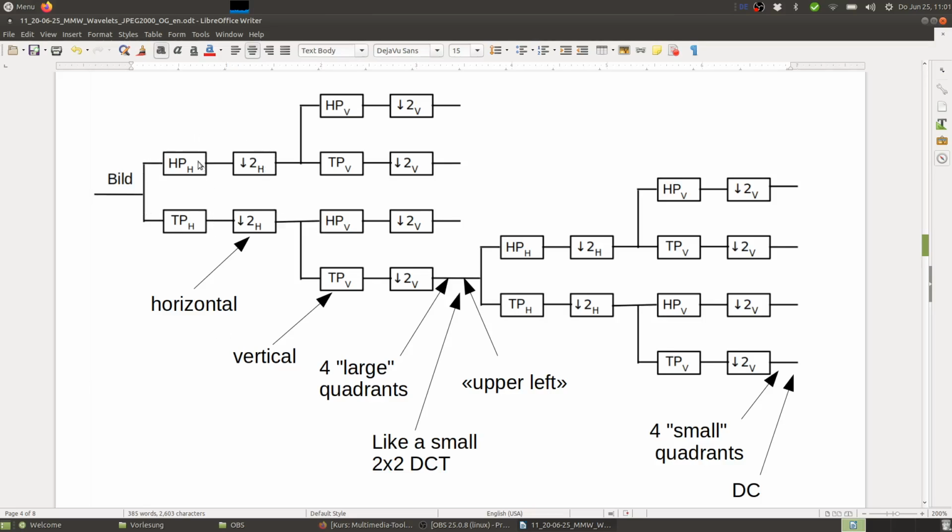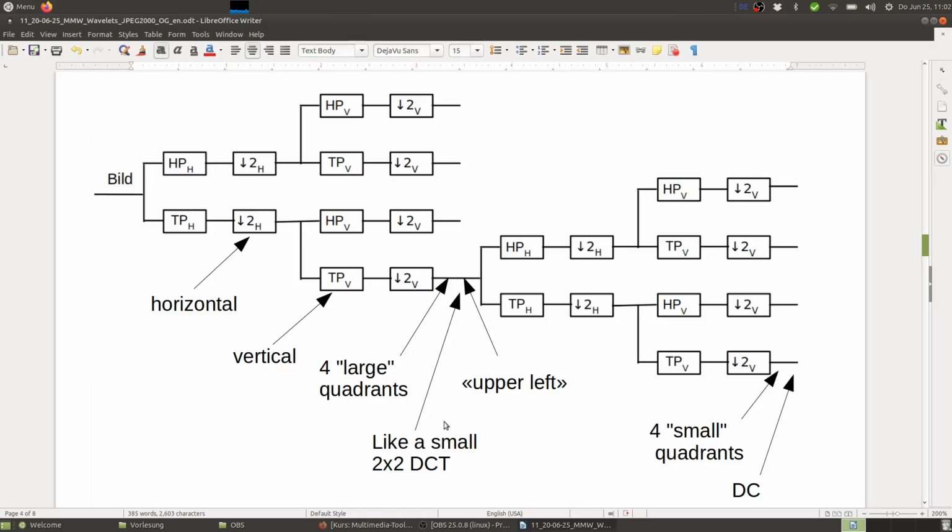Here we have high pass, low pass horizontally, right? This division into 2 subbands instead of 8, and then we take the result and apply vertical filtering and downsampling to it, right? So at this point here, we have 4 subbands, 2 horizontally and 2 vertically, and this basically looks like a small 2x2 DCT, right?